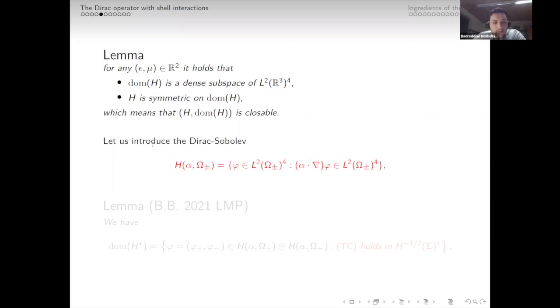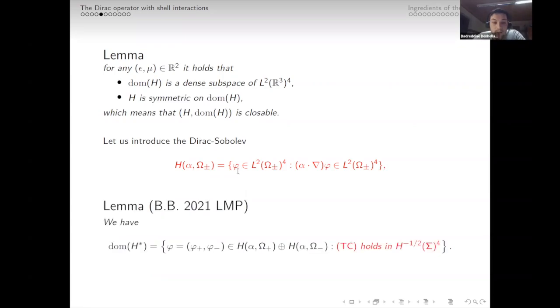And for that, let us first introduce this Dirac superspace. In fact, this is the maximal domain for the Dirac operator. Recall that multiplication by beta is bounded in L2. In fact, this is a Hilbert space. And moreover, it was shown by Ourmières-Bonafos and Vega that in the case of a smooth domain, the trace of a function phi in this domain is in fact in H minus 1/2.